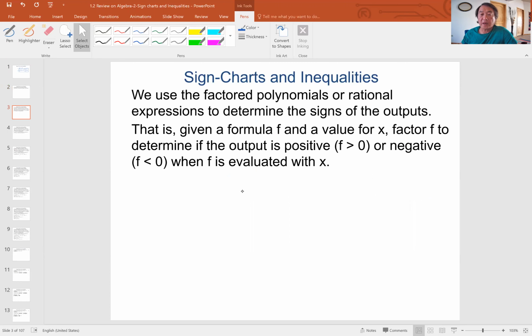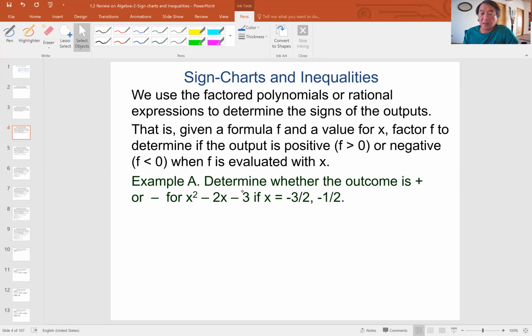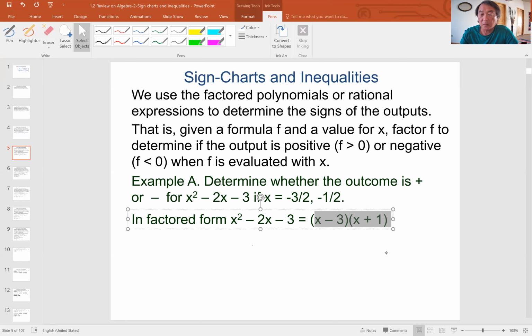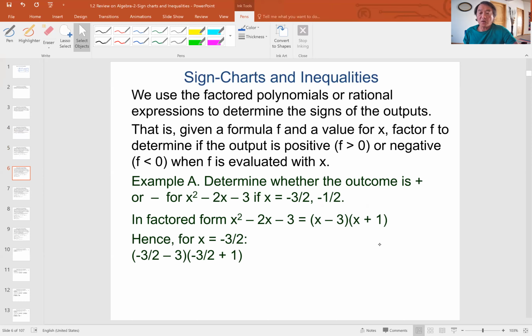We're going to use the factorable polynomial to determine the sign of the outcome. So here is a problem to remind you how we determine the sign of the outcome. Very simple. We use the factor form, because when we plug in the x, all we have to do is track the sign.